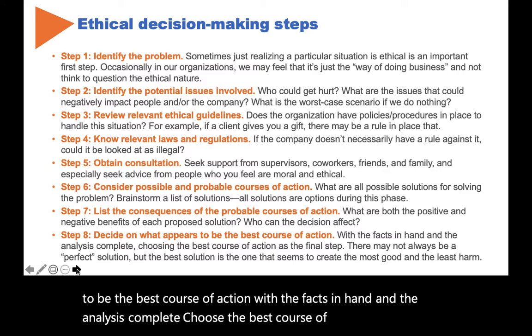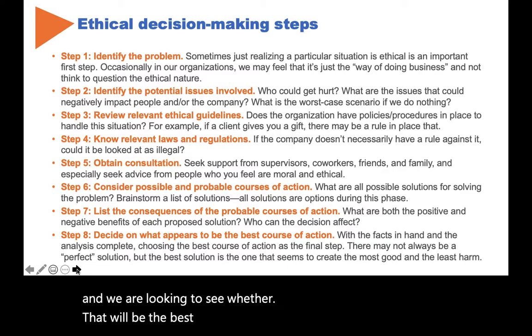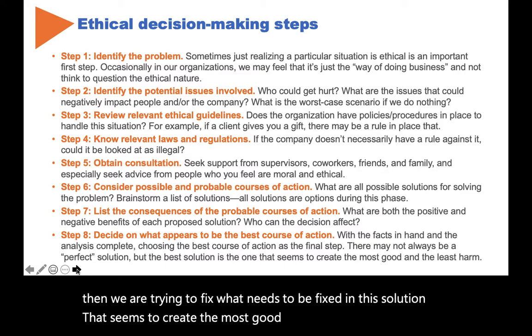Again, we are picking what will happen and looking to see whether that will be the best solution, and then we're moving forward and trying to fix what needs to be fixed in this solution that seems to create the most good and the least harm.